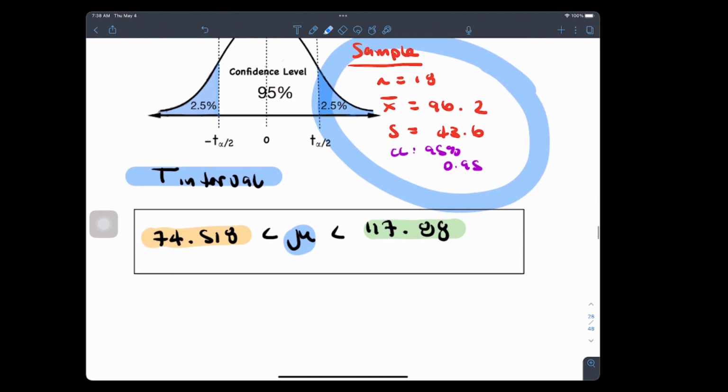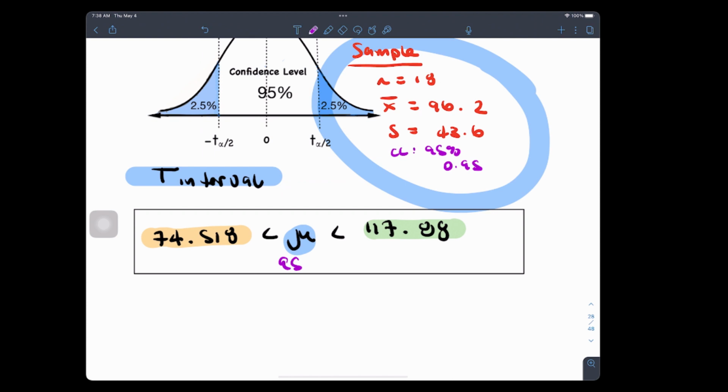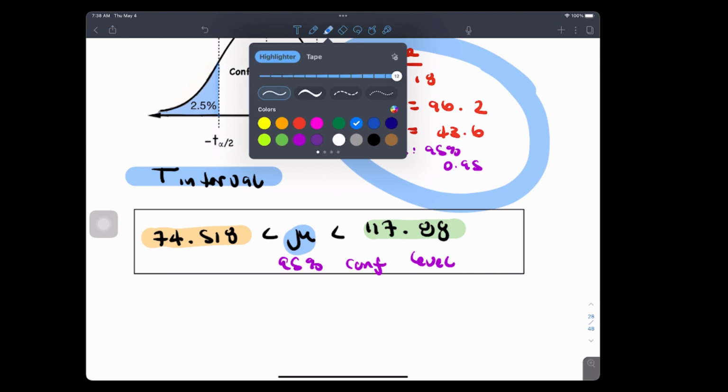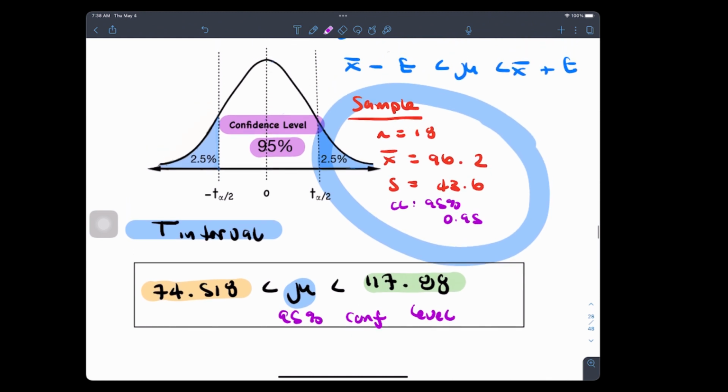Now, let me go back and talk about the 95% confidence level, because that's important to know as well. All of these questions will have a confidence level, and it's important to know what that means.